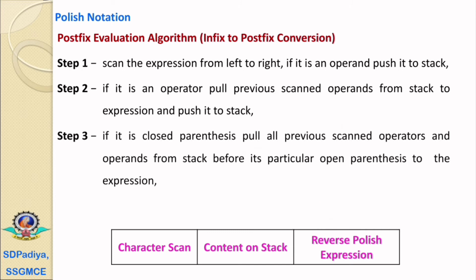Third, if it is a close parenthesis, then pull all the previously scanned operators and operands from the stack, after its particular open parenthesis, to the expression. That means if we scan a close parenthesis, then we have to pull all the contents from the stack to the Polish expression, but only after its open parenthesis.